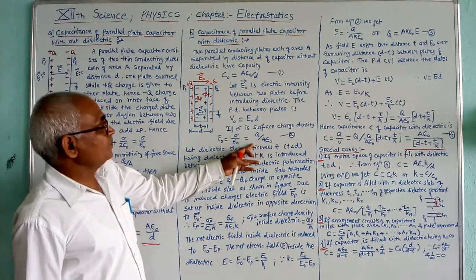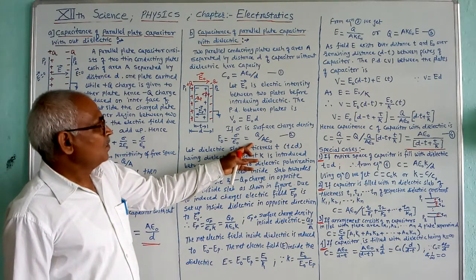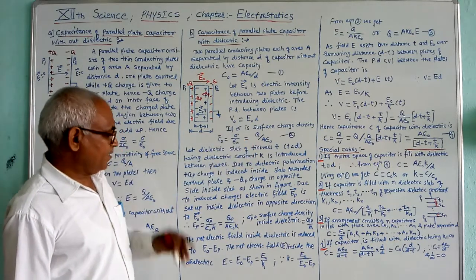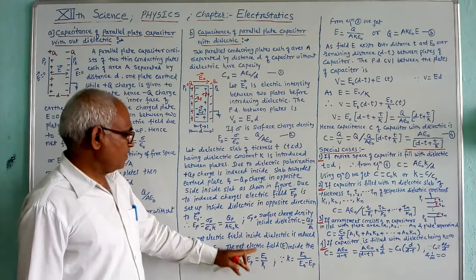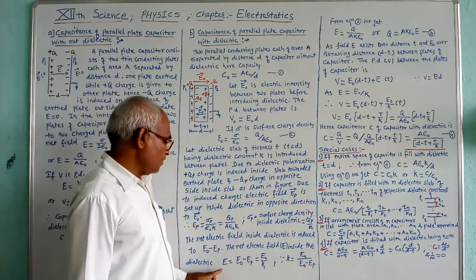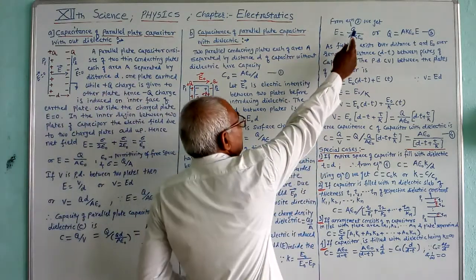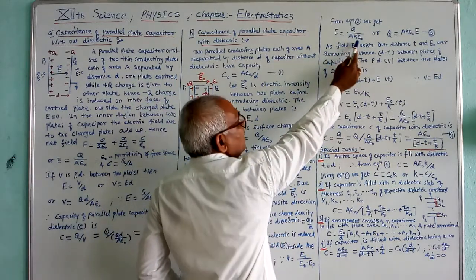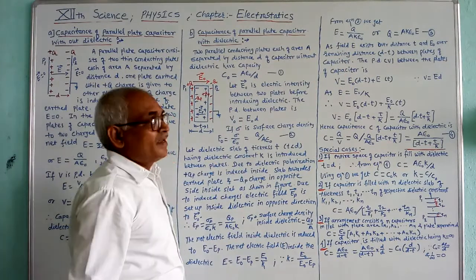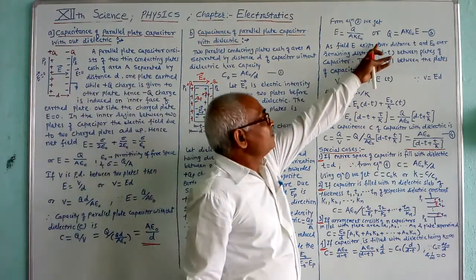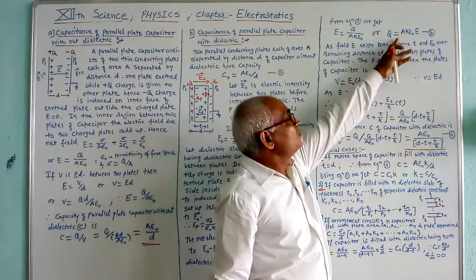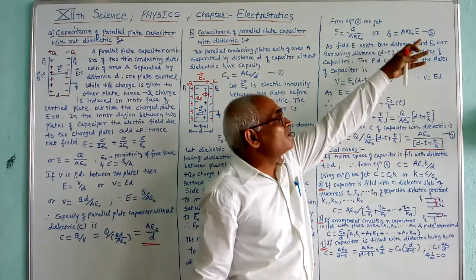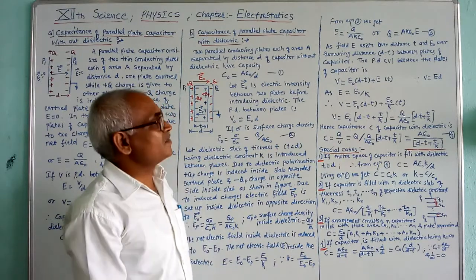Using equation number 2, we substitute the value of E0 from equation number 2, and we get E equals Q upon epsilon 0 A into K. Or here Q, the charge given to the capacitor, equals A K epsilon 0 into E. Let us call it equation number 3.